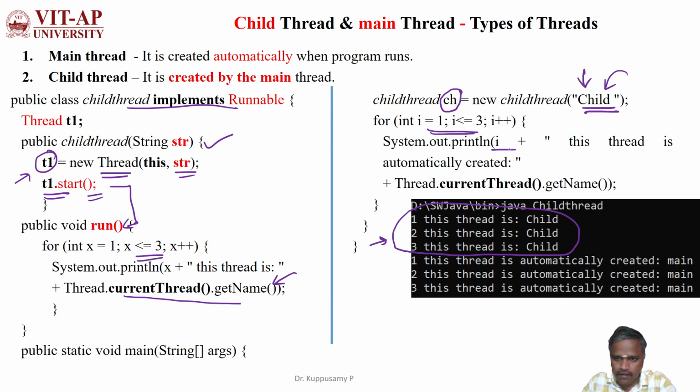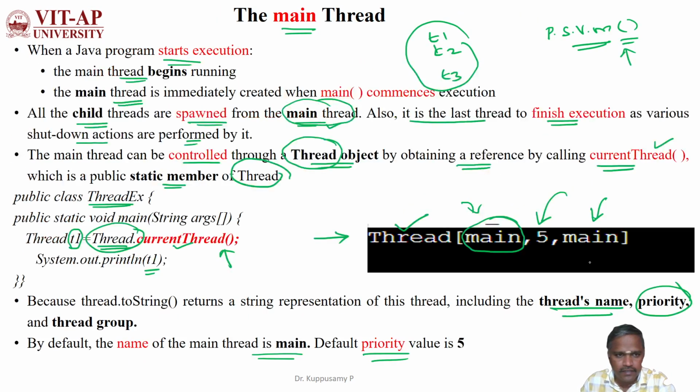Here this thread is the main thread, which is automatically created once the main method begins its execution. So I am getting the currently running thread name, which is the main thread. The main thread is automatically created by the Java runtime environment based upon this statement.